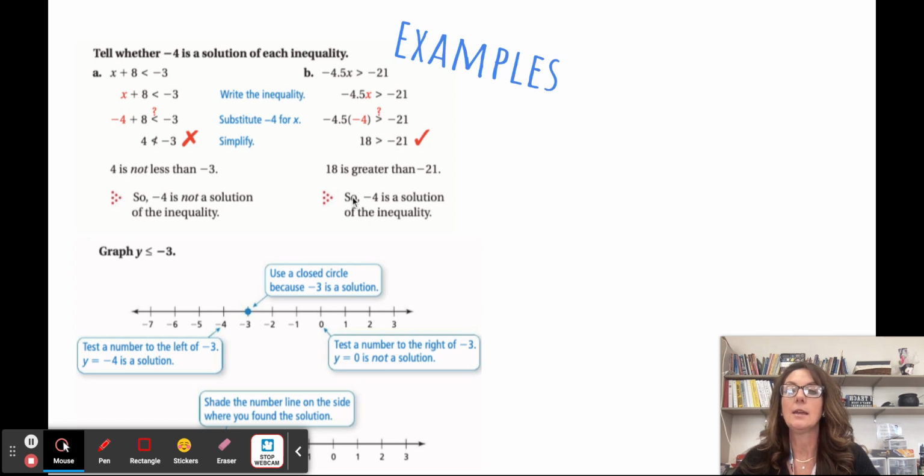Yes. Okay. And if we are to graph, if you're graphing y is less than or equal to -3, notice this. So this symbol tells us we want a closed circle. So we use the closed circle because -3 is part of the solution. So we close it there.